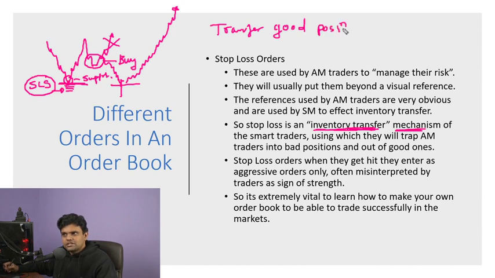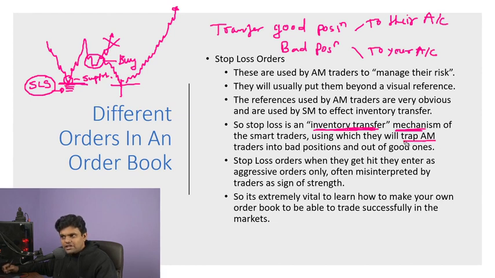Good positions to their account, and bad positions to your account if you are a retail trader. So their whole objective is to trap amateur traders into bad positions and out of good ones.